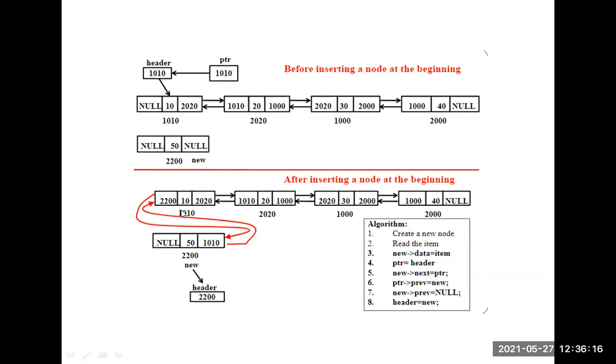This block name is header, and header of left link equal to temp. Then return temp. So in this way you have to insert a node at the front end. Clear, students?